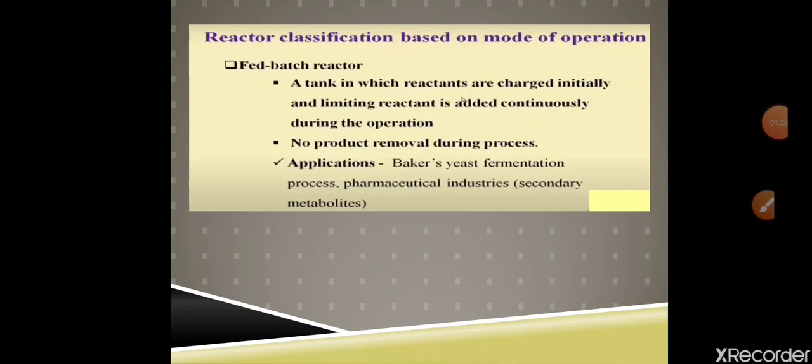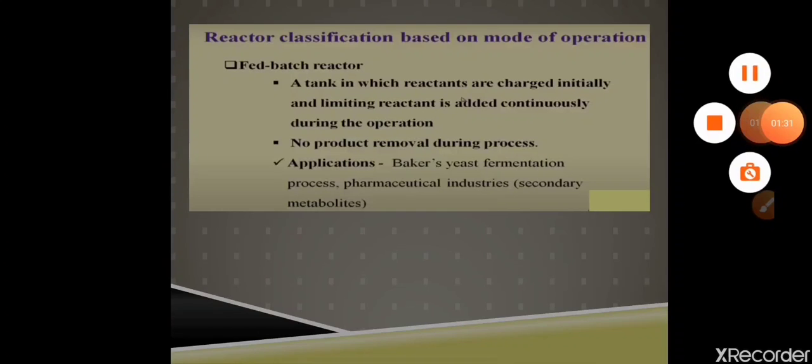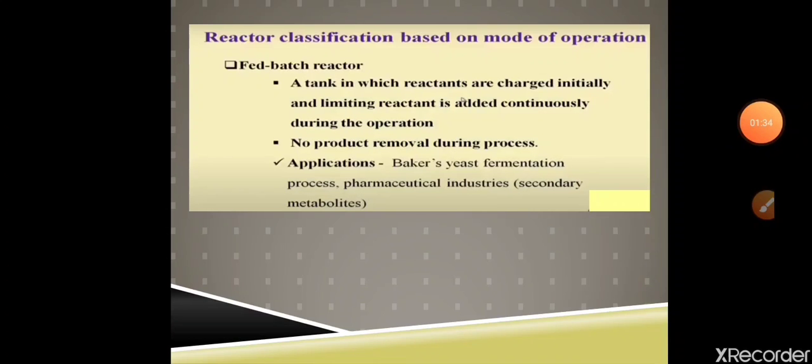Now the fed batch reactor. The fed batch reactor is mostly used where the substrate acts as an inhibitor, because inhibition is a common phenomenon, particularly in biological processes. If we use more substrate, it gives inhibition to the reactors.